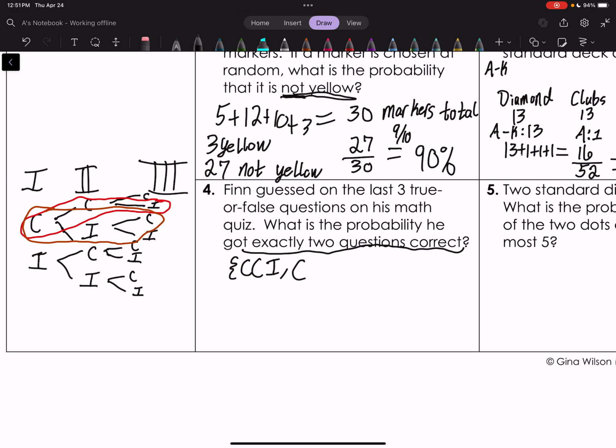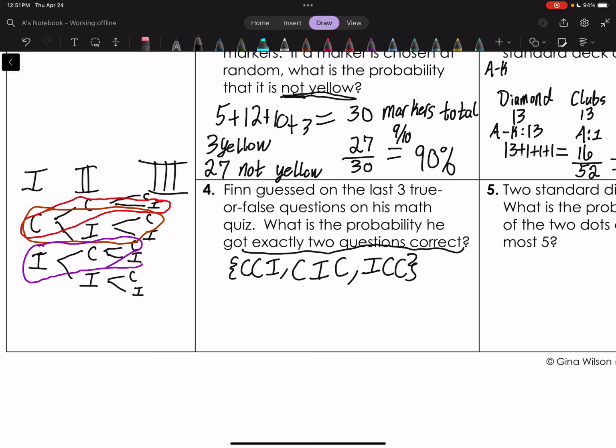So correct, incorrect, and then correct. The last possibility, he could get the first one wrong, but then get the next two correctly. So that would be incorrect, and then correct, correct.